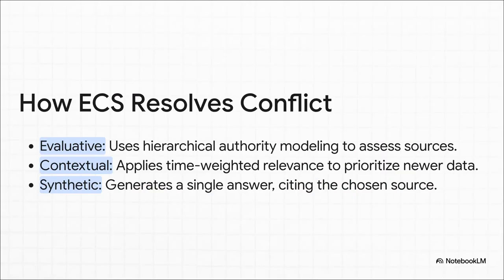So here's how those three pillars work together to fix this mess. The evaluative pillar checks for authority. Maybe one document is a brand new law that makes the old one obsolete. The contextual pillar looks at metadata, like publication dates, to build a timeline. And finally, the synthetic pillar puts it all together, generating the correct answer and explaining why it shows 23% over 25% and even citing the right source. Problem solved.